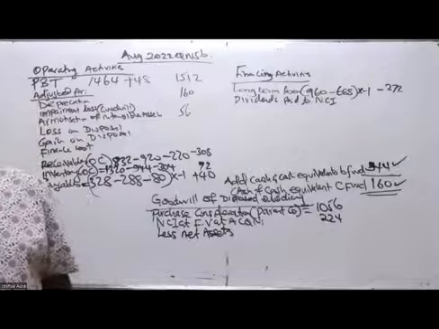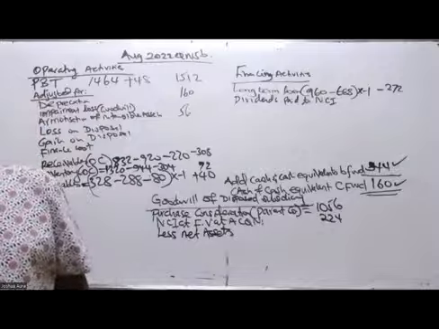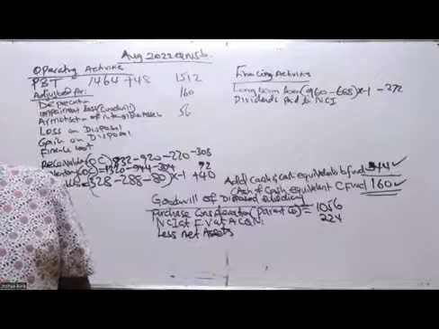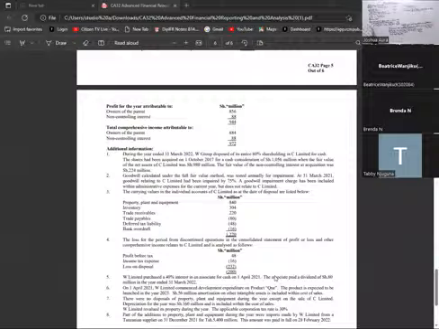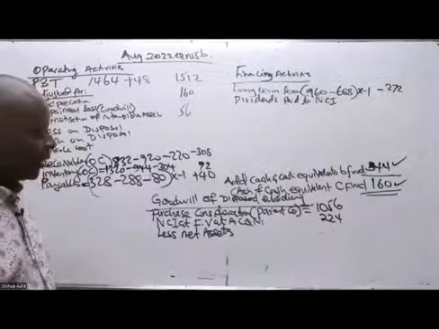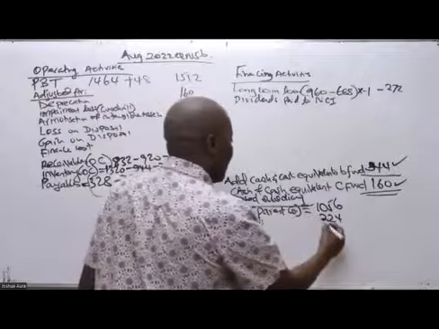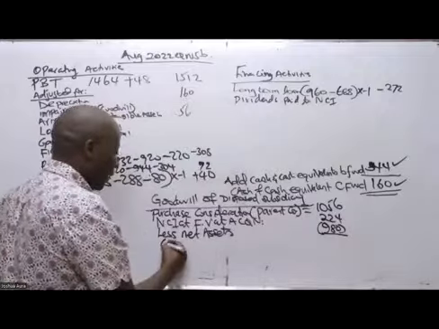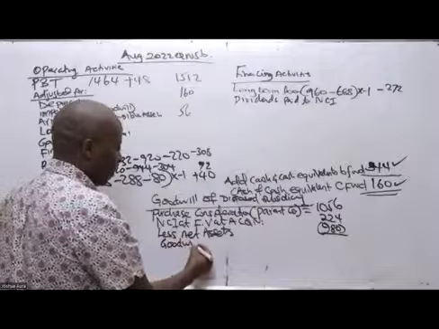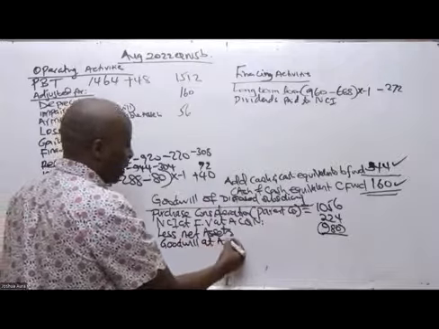The value of the net assets has been provided. The net assets here is 980. So you subtract this to give me the goodwill at acquisition.